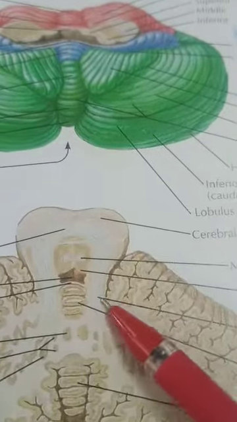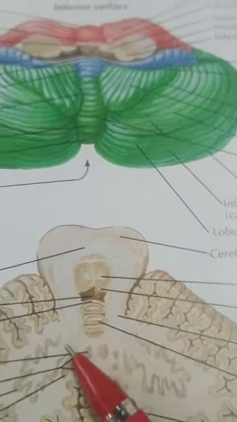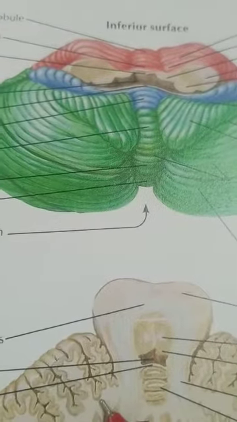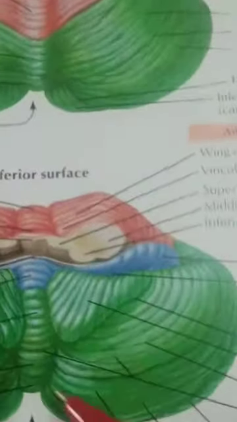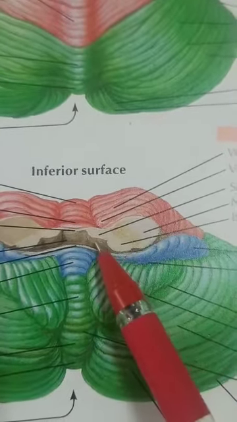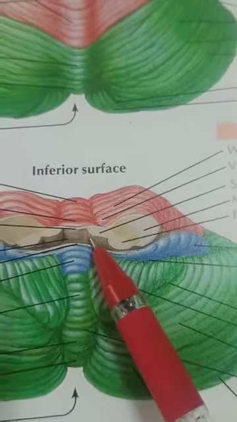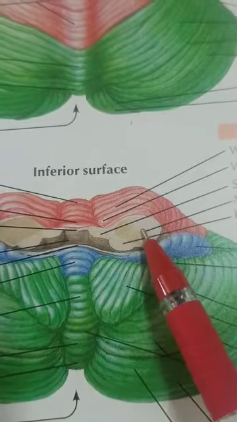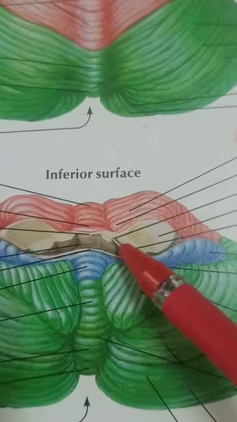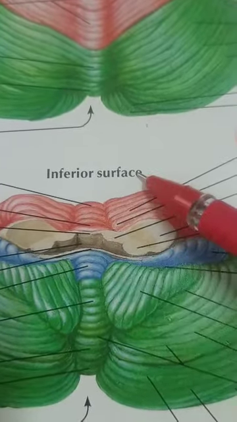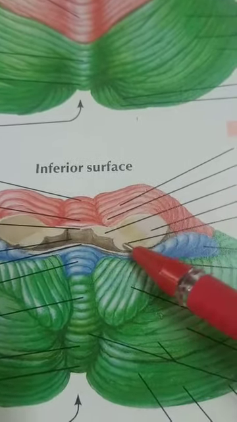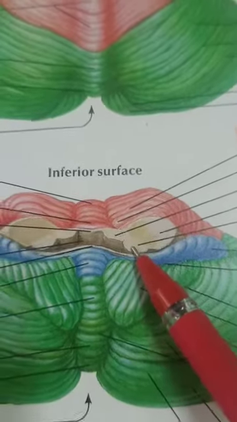In this picture, here is the superior cerebellar peduncle, this is the middle cerebellar peduncle, and posteriorly is the inferior cerebellar peduncle. The superior connects the cerebellum with the midbrain, the middle connects it with the pons, and the inferior connects it with the medulla oblongata.